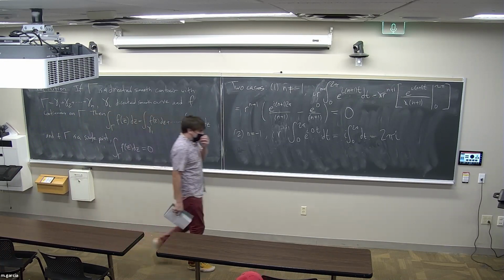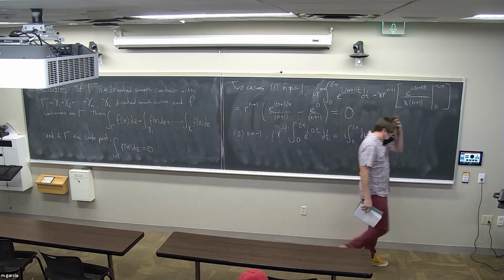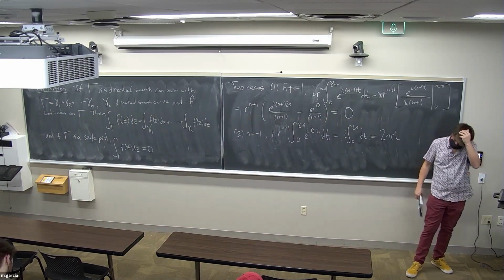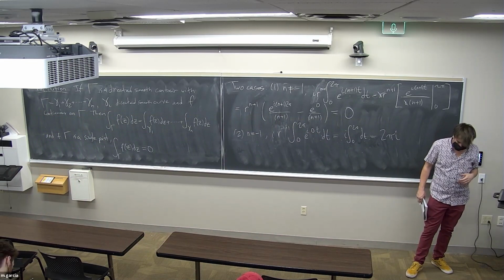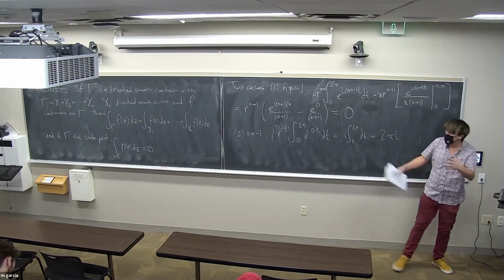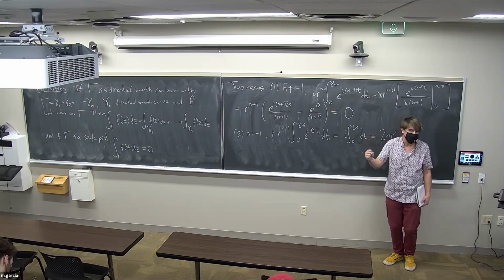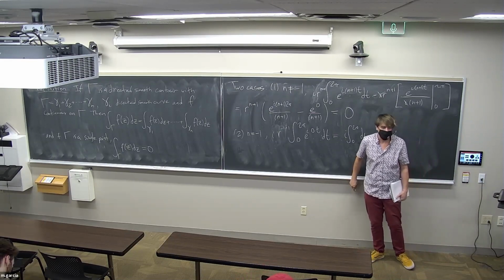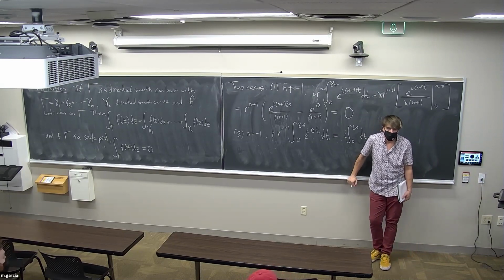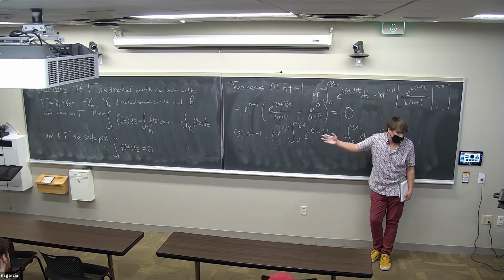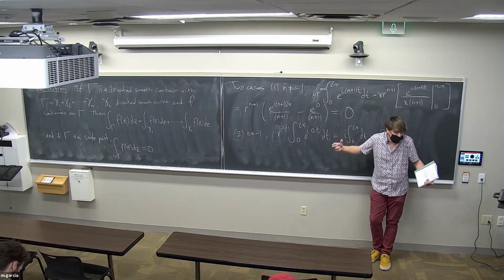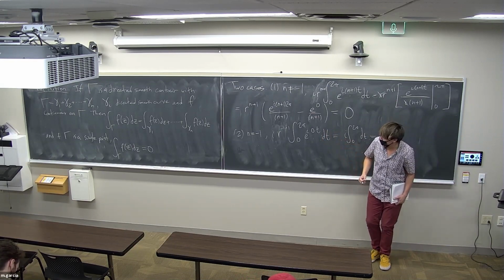Remember, this is part of our definition of the contour. We allowed for a contour to be a single point. How do we parameterize a single point? Yeah, it's a constant function, right? z of t is equal to some constant, the point, for all t, whatever interval you like. Okay?